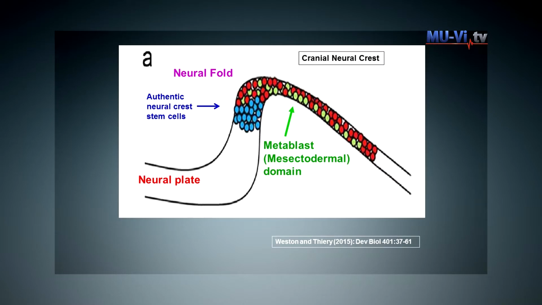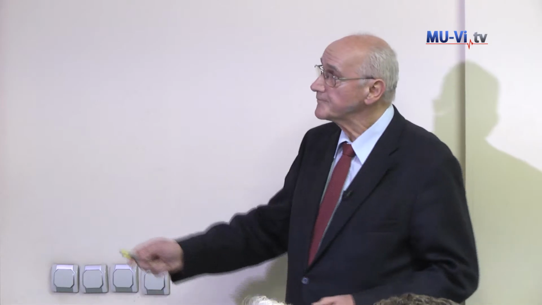Schematically, you can see what that means. We have here a cross-section through the neural fold in this region, and you can see the neural plate, and at the end of the neural plate here, the authentic neural crest cells arise.